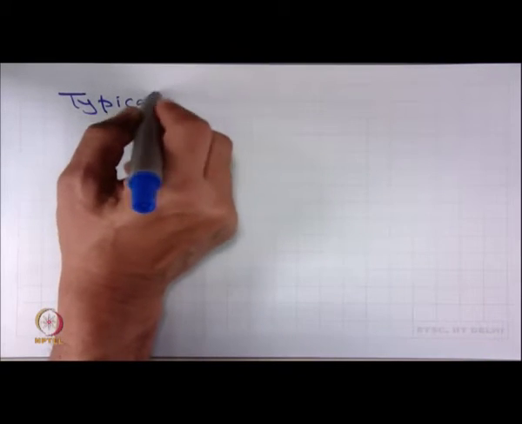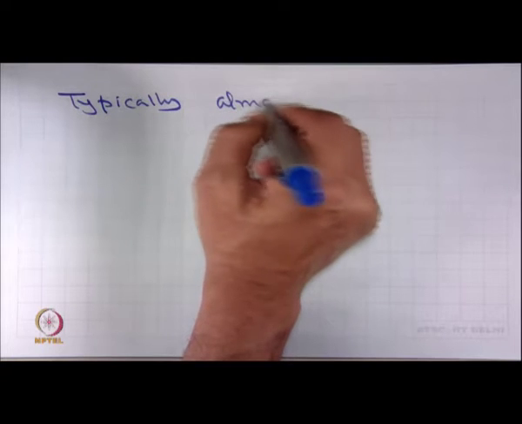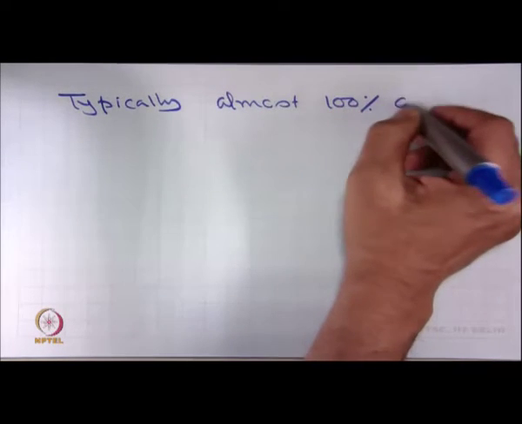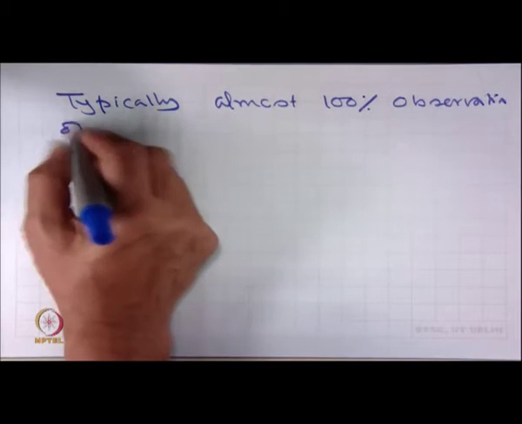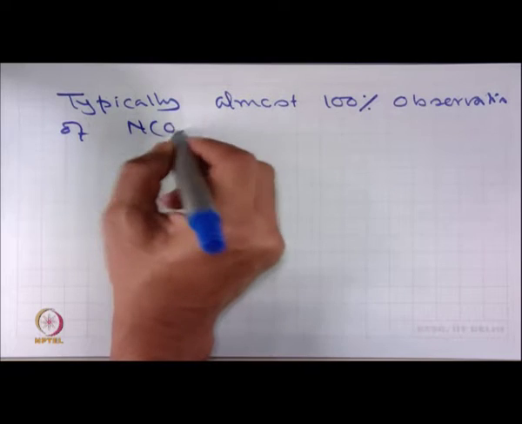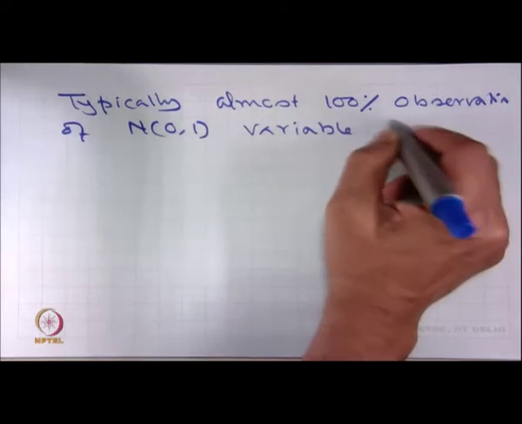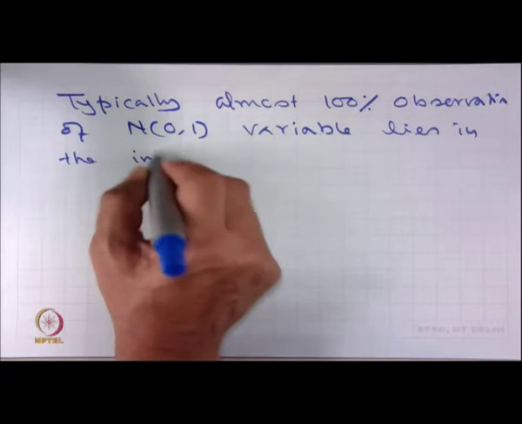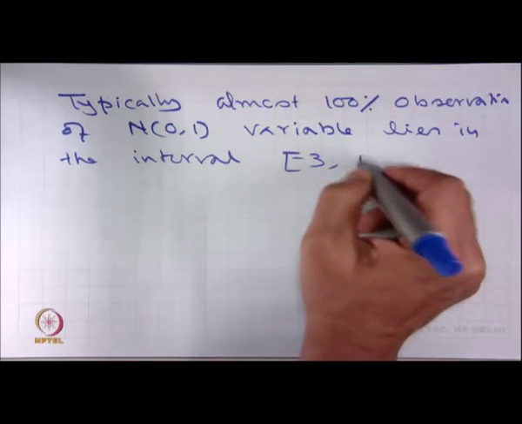Typically, almost 100% of observations of a normal 0 1 variable lie in the interval -3 to +3.